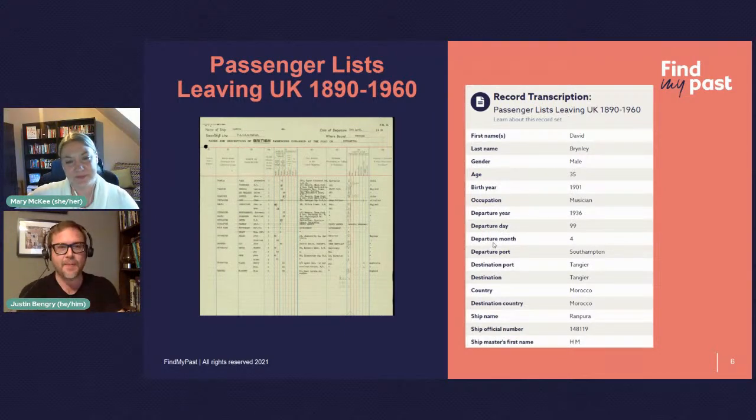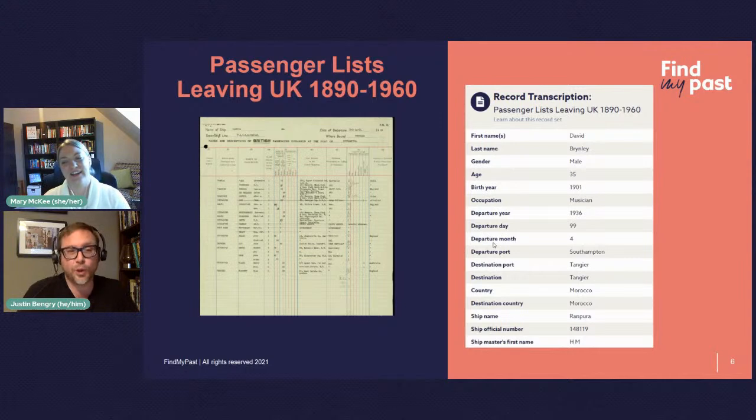The wonderful thing about these passenger lists is, in addition to finding my guy and knowing that he traveled, I can see everybody else who disembarked at that destination. On that ship from Tangier, I suppose I can see who else was going to other places as well, but I've not pursued that yet. When I knew that my guy was going to Tangier, I wondered who else was going to Tangier, if I already know this is a suspect destination.